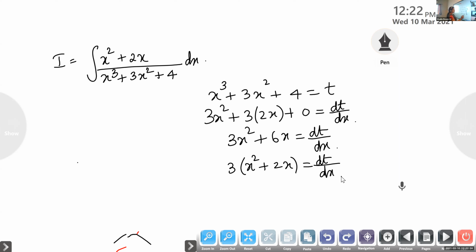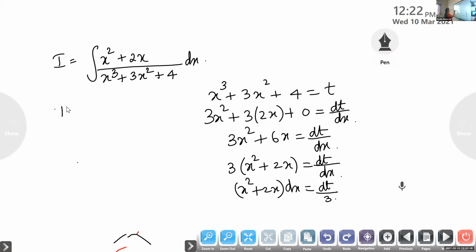If you take 3 to the other side, (x square plus 2x) into dx is dt by 3. Is it correct, Shubham?